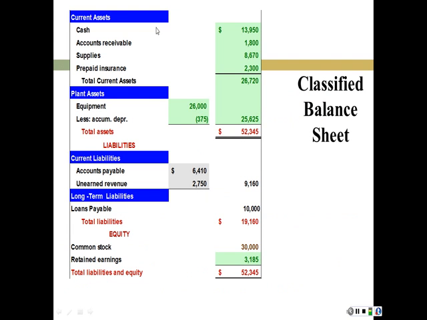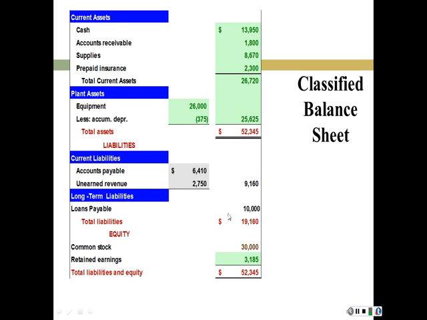Even though this is a different format, total assets still equal total liabilities and equity. This is also a classified balance sheet, where your assets are divided up into current and non-current, and your liabilities are divided up into current and long-term.